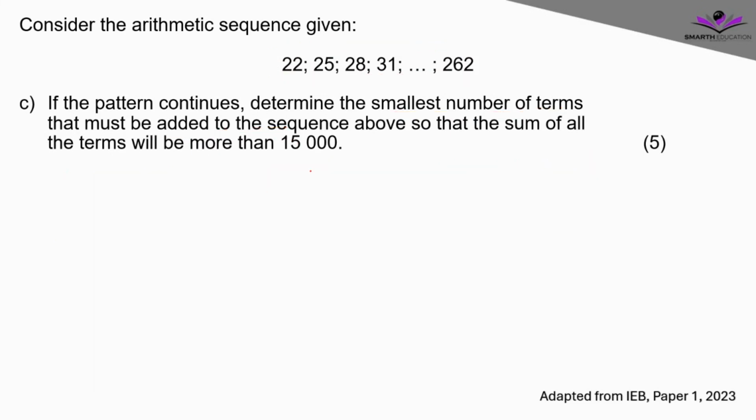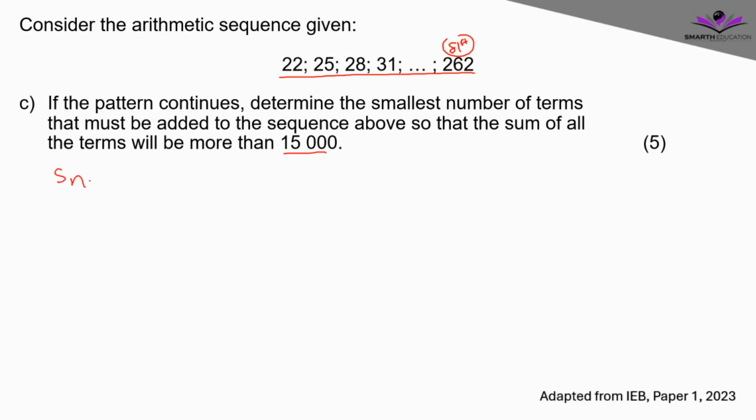Right, option B. We can find the sum of these 81 terms and then remove this sum from 15,000. And then after that, we get the number of those terms. Okay, remember we say this is term number 81. Right, let's find the sum of these 81 terms.